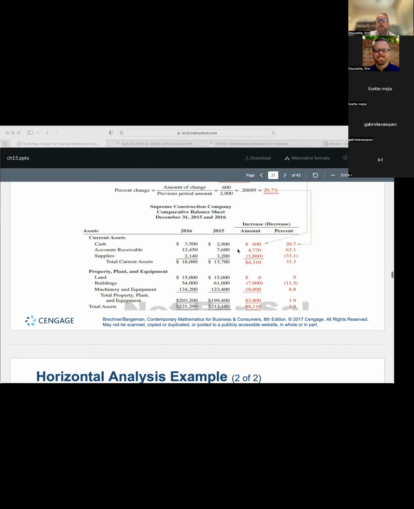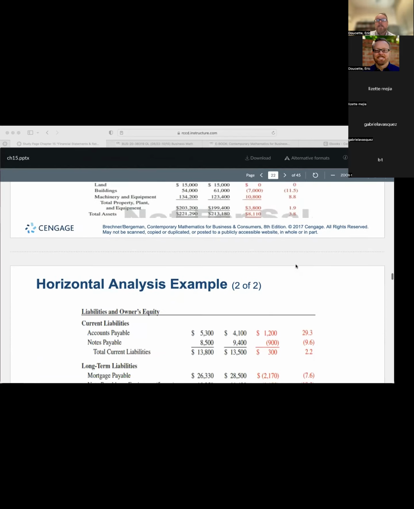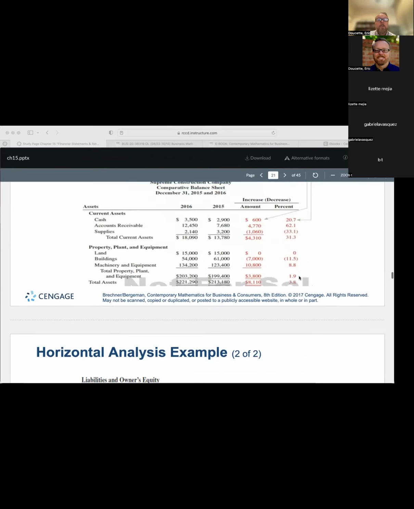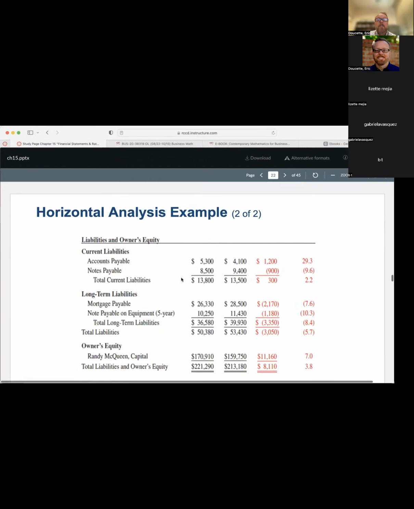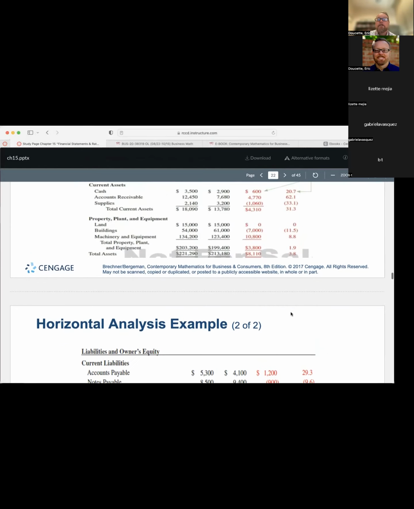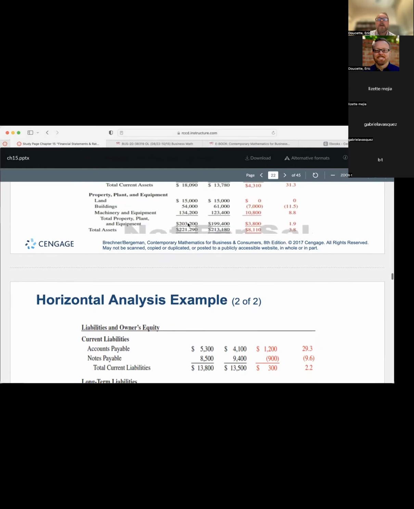So all you're doing is going across each one all the way down until you do both your assets, as you can see on the screen now. And then if I scroll down, you can see your liabilities. Same thing. You're doing the exact same thing. How much change between the 2 years? So you guys with me on that? And notice if you do the total assets last year in 2016 with this year, it comes out to 8,001.